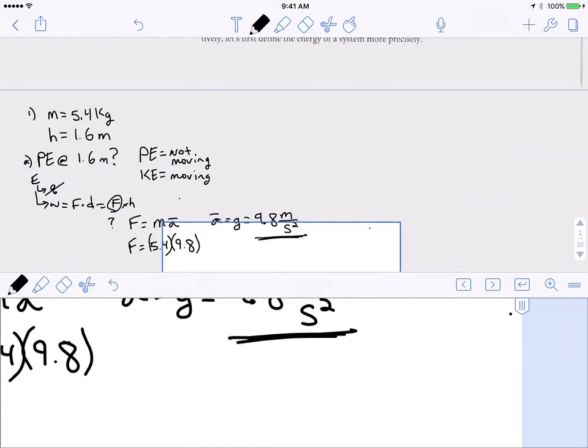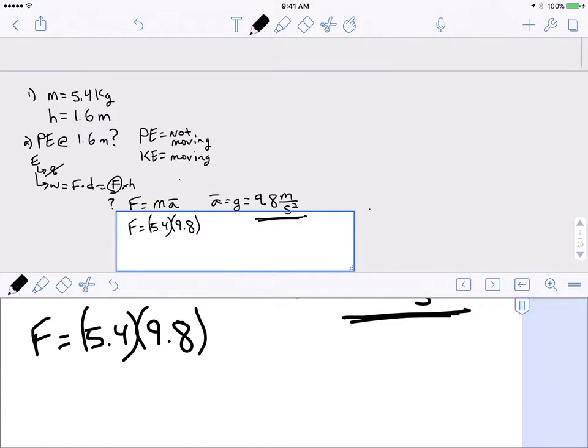And what are my units here? On the side, I'm going to do my units in maybe a different color, like purple. I have kilograms times meters per second squared. I like to do my units away from the problem. That way it doesn't bundle up the math.